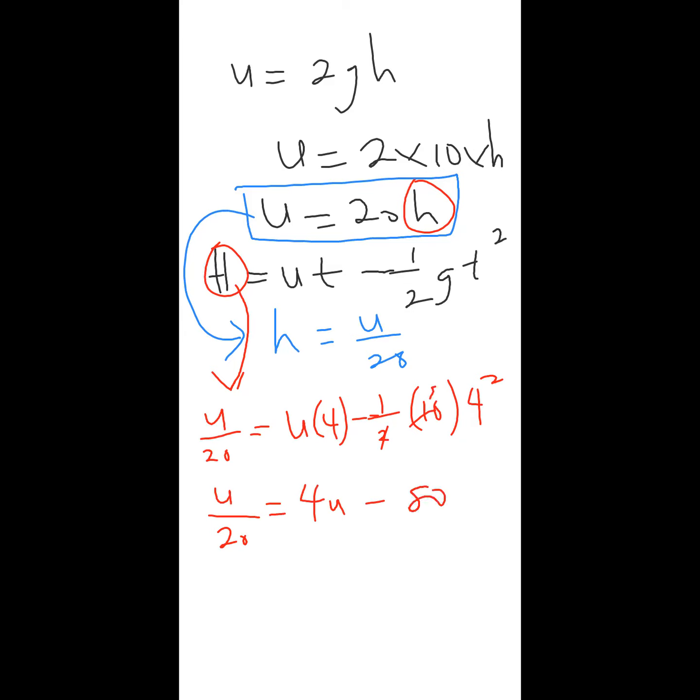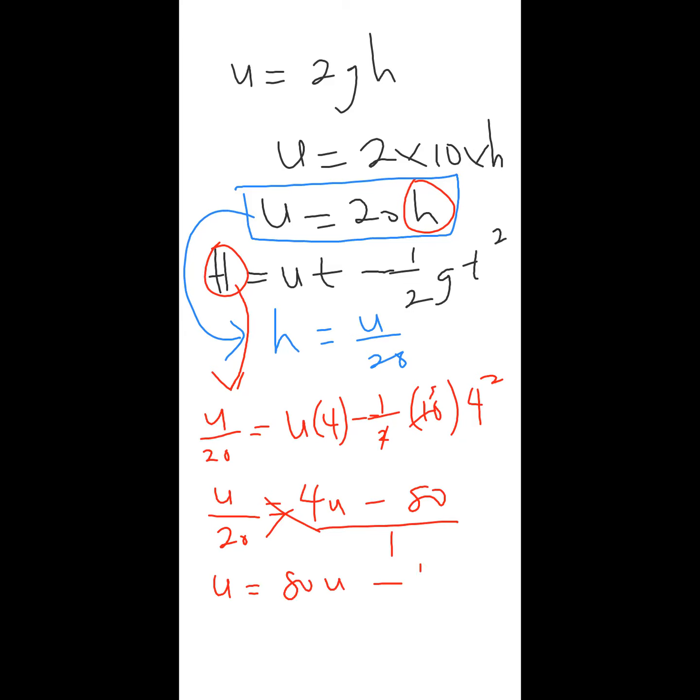So I can just put all of this over 1 so that I can cross multiply. So what you are going to have is u is equal to 80u minus 80 times 20, which is 1,600, I want to believe.